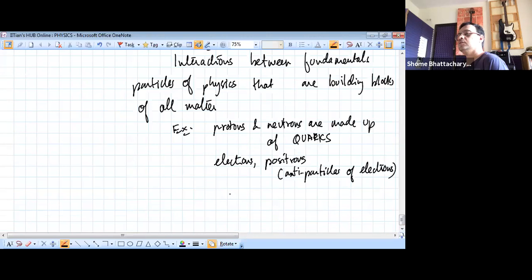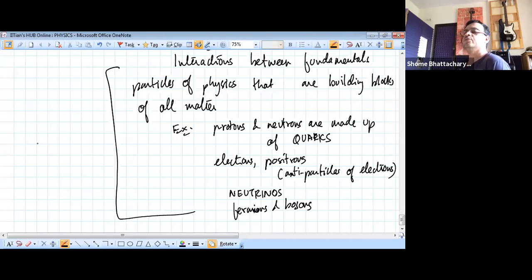Then you have neutrinos, and many such fermions and bosons, etc. So this entire domain comes under the category of particle physics.